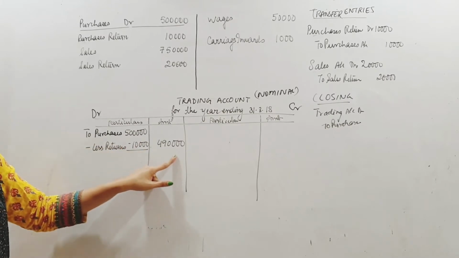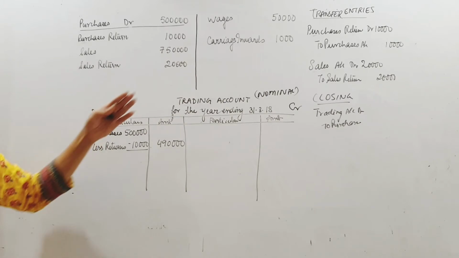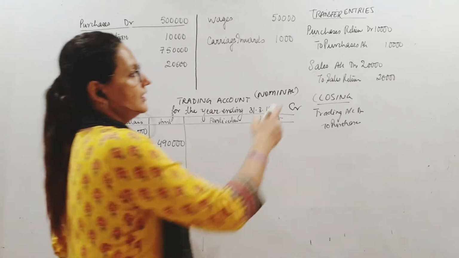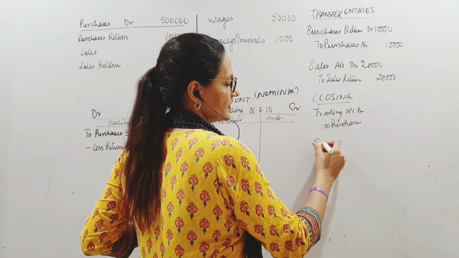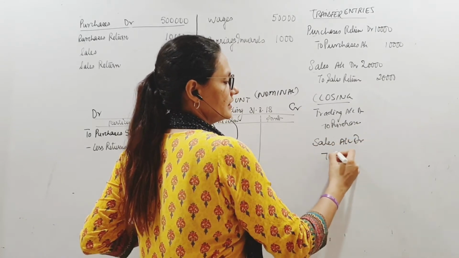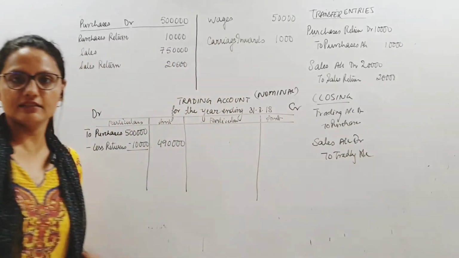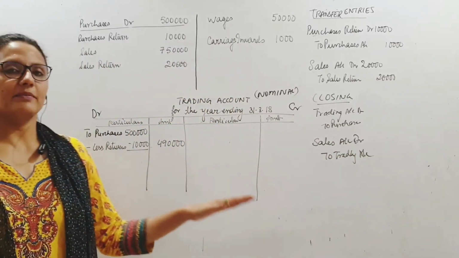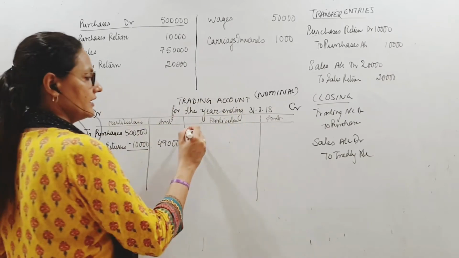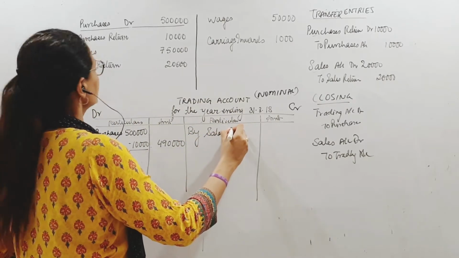Purchases. How much? Are you getting it? So this is how, from the journal only, we are getting here. Then how do we close sales? Sales is still having a credit balance, so debit sales and credit the trading account. So the trading account on the credit side, by sales. How much?